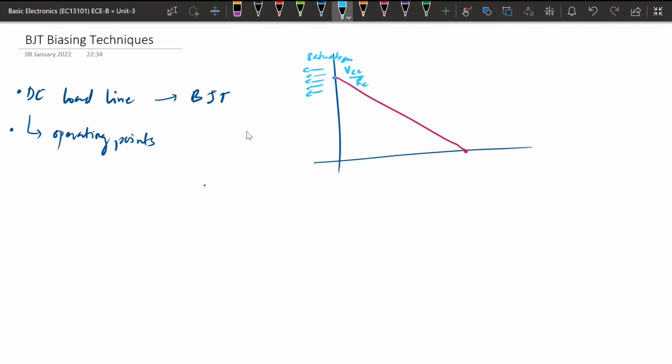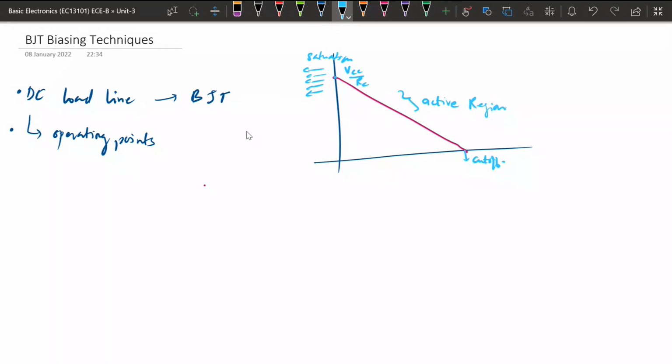That means beyond this, the saturation region of operation will be starting. So in this region, this will be the active region, or the linear region. Beyond this, it will be like the cutoff. So in between saturation and cutoff, this DC load line is defined, and this DC load line defines the active region operation of the BJT.